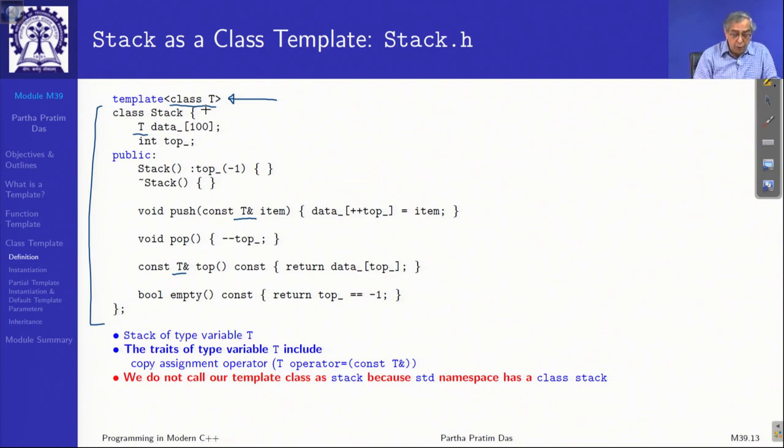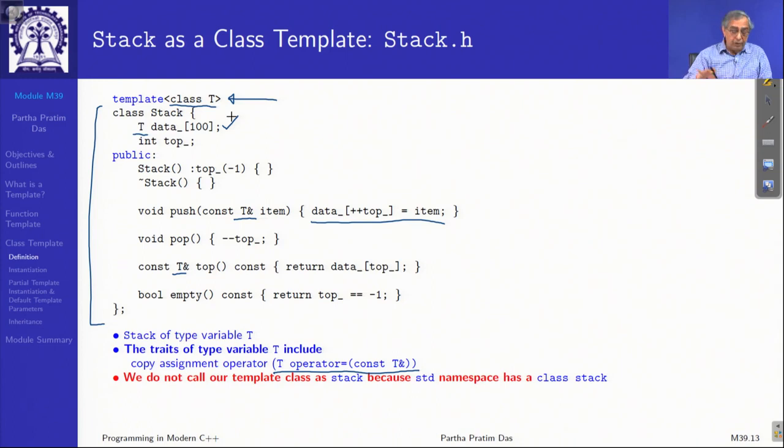For example, we need to be able to do assignment. I should be able to assign that. I am doing it here, in push. I am taking the item and putting it in the container, where the container here is an array, the actual physical container underlying. So, unless T has a copy assignment operator, I certainly cannot do this.